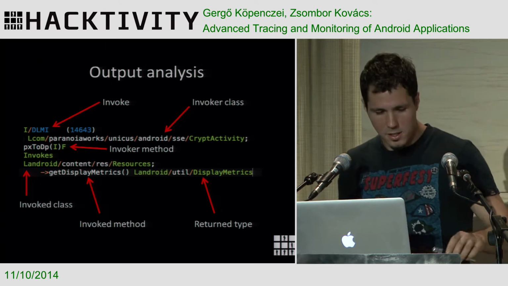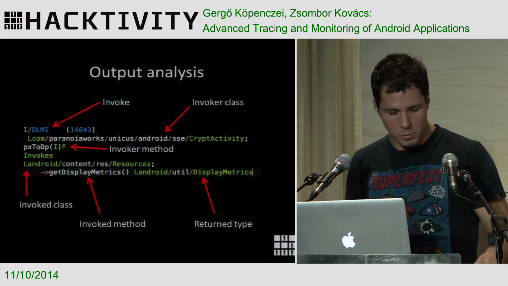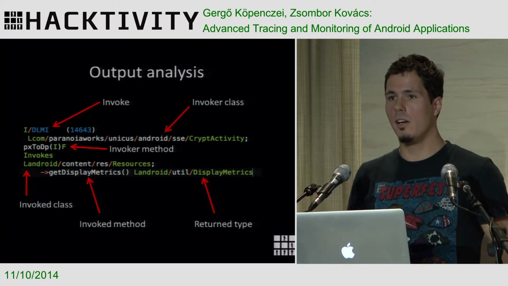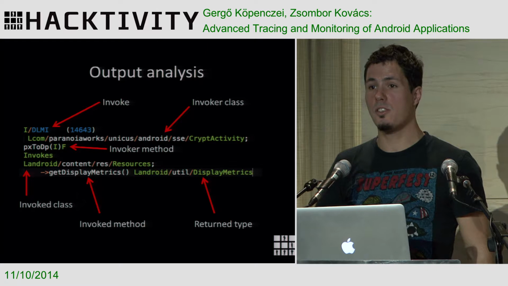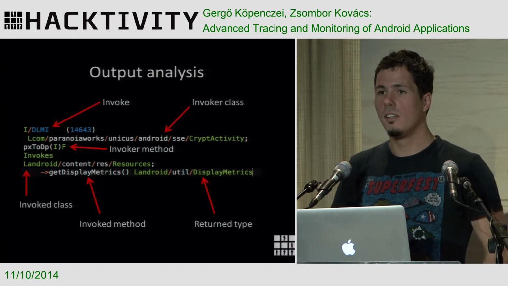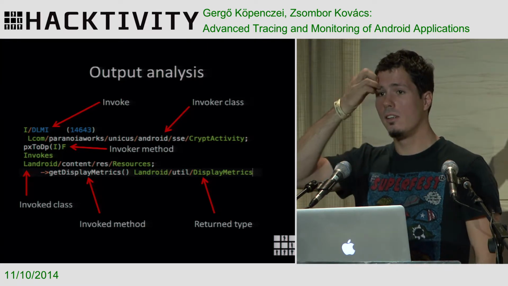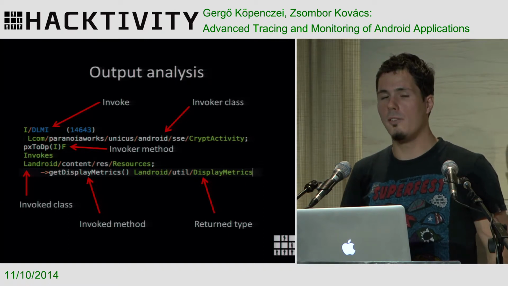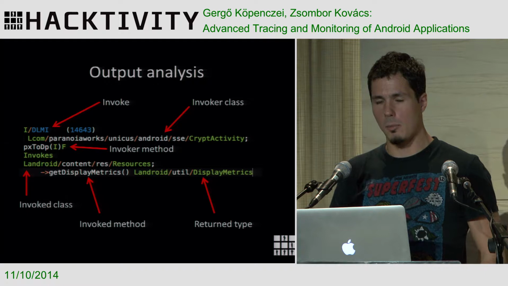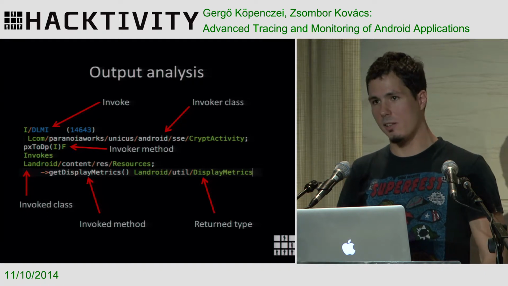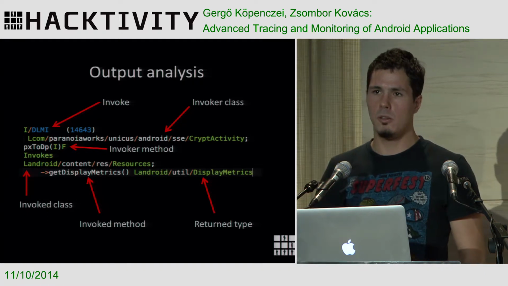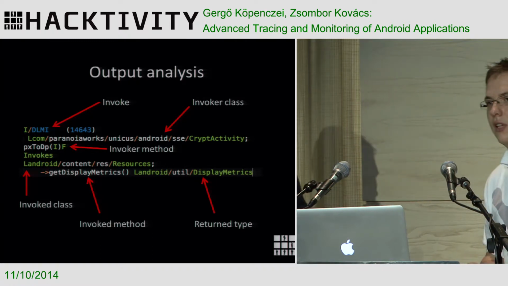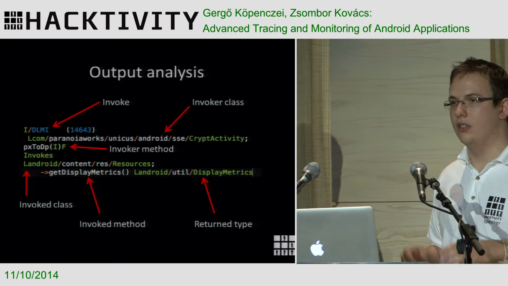Okay. Yeah. So whenever we analyze the output of our tool... Oh, there's a question. Yeah, just one question. What happens if the argument is a string? If the argument is a string, we can dump that string also. We have a couple of types which we support natively, like string, long, double, integer. Basically all the primitive types, like long, integer, double, are already implemented.